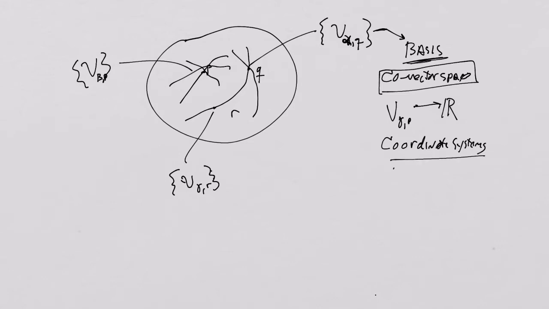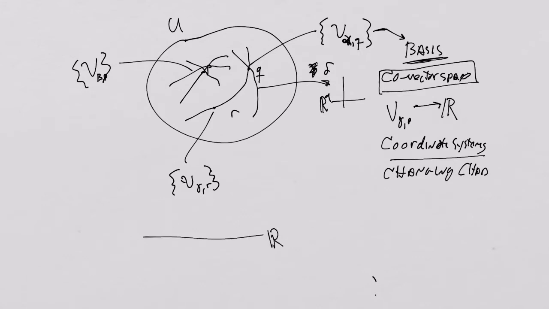Changing coordinate systems is changing the chart, right? So all of this here only makes sense in a chart U, right? Because remember how we used the chart to create these. The chart has its own chart map, delta to R^D, and that chart map was what we used to differentiate these curves, which came from the real numbers, right?